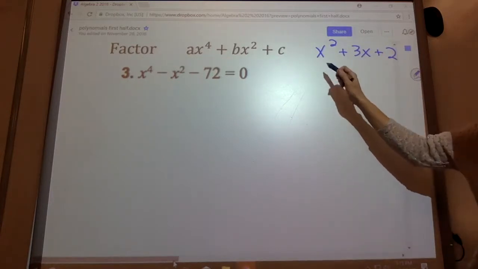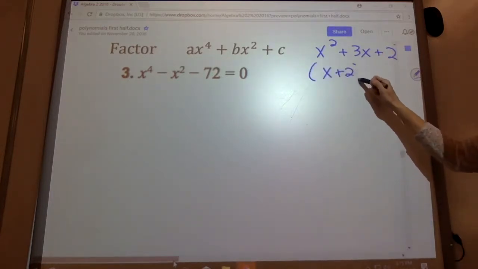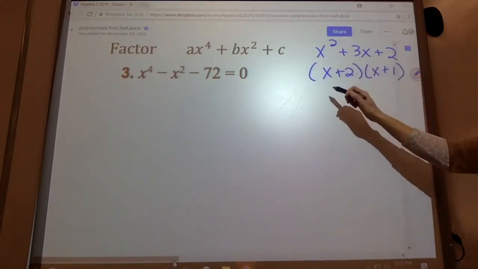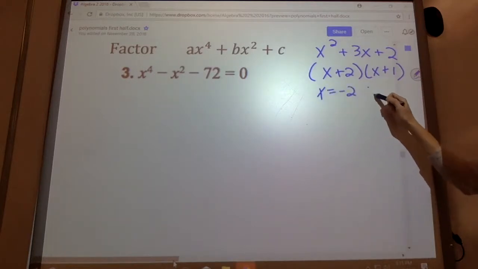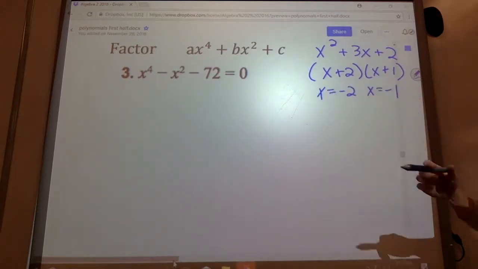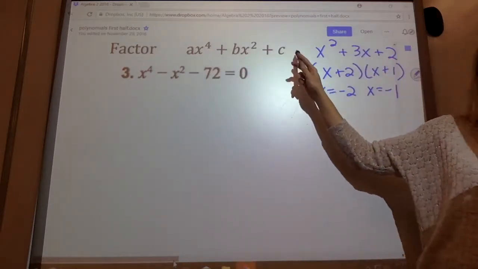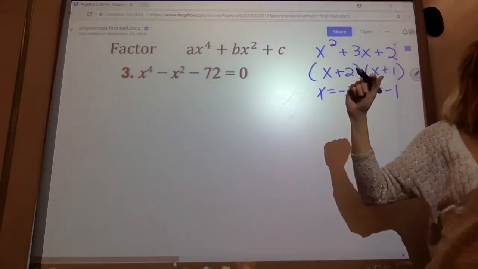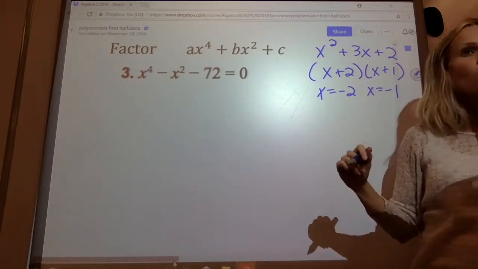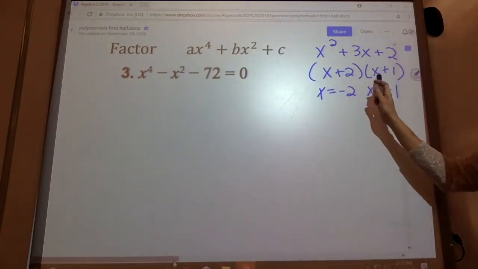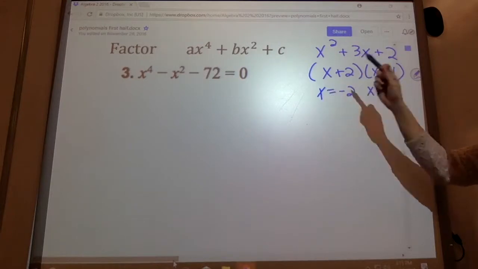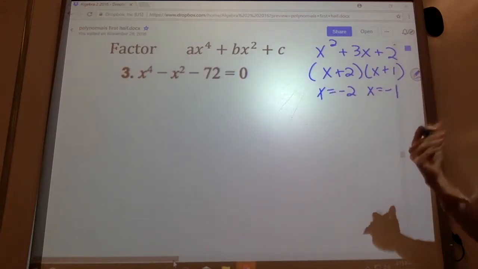You would say (x + 2)(x + 1), and then you would solve x is negative 2, x is negative 1, okay? So if you have x^2 or if you have x^4, you can factor both of those the same way. The only difference would be these are going to be squareds when you break apart the FOIL.